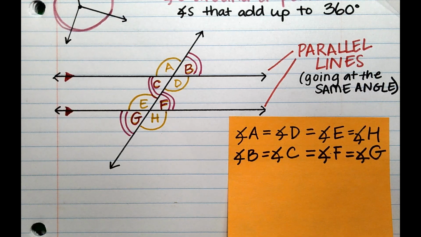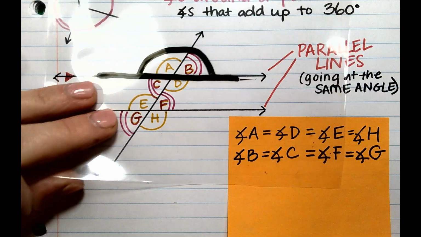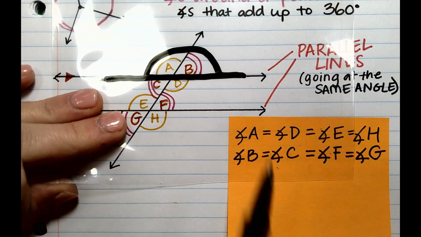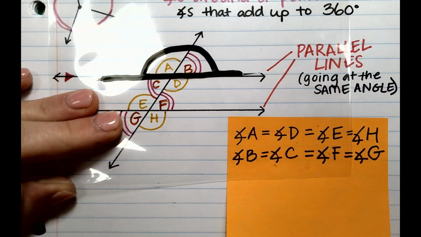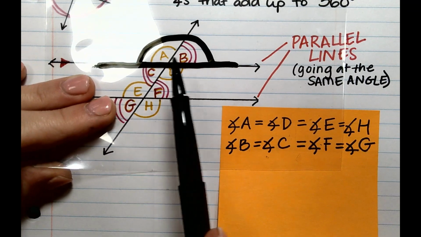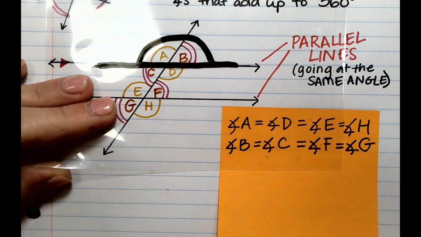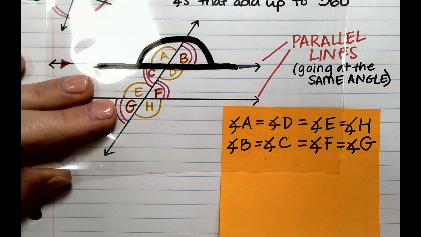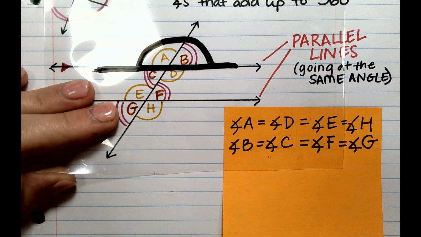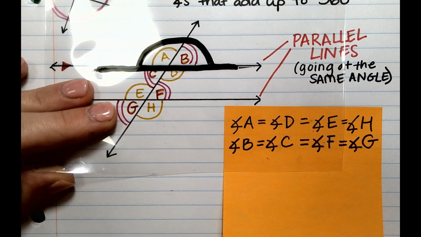We just pointed out a bunch of the angles that add up to 180. So I'm going to have us look back at A and B. What equation could I write with A, B, and 180? It's okay if we don't know the measure of either one, but could we write an equation?